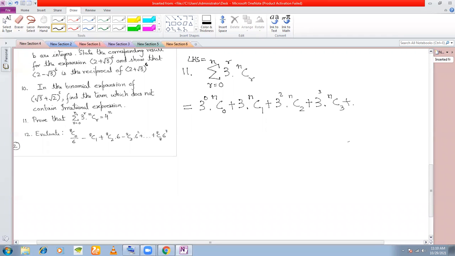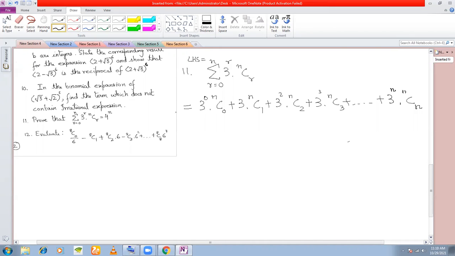And this continues till 3 to the power of n, because r runs from 0 to n, into nCn. Is this expansion clear to everyone? This is nothing but the expansion of the summation. Is it clear, or any question you have?